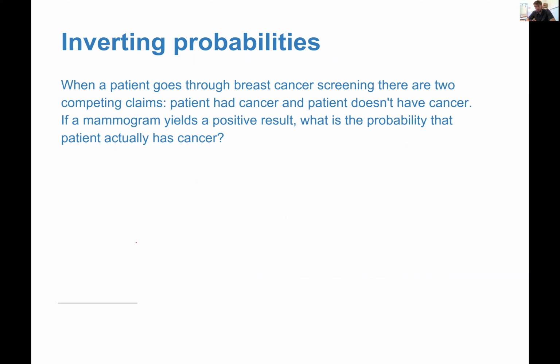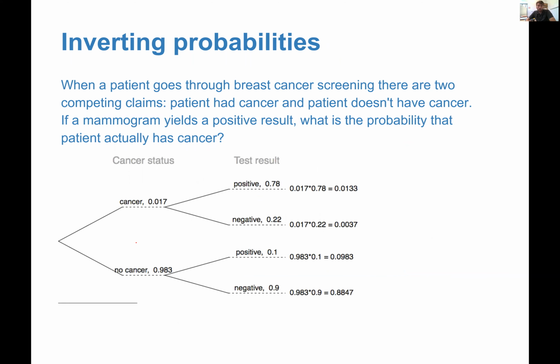And we can do this with a decision tree because there's an unknown there. Whether or not they actually have cancer is unknown. And then we can look at the unknown and split it up. So then we're relying on the 78% chance of seeing a positive up there.